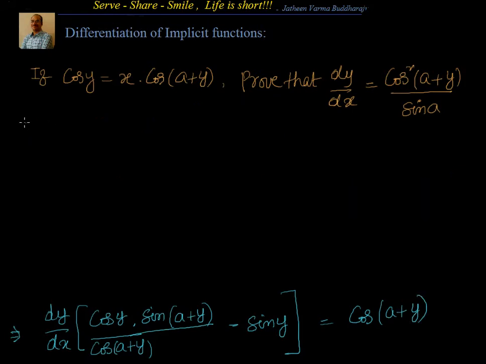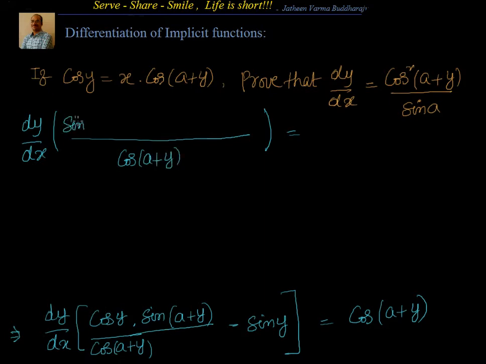Next step will simplify. We will say dy by dx, if you take LCM, we will have cos of a plus y, and we will have sin of a plus y multiplied with cos y minus cos of a plus y multiplied with sin y divided by cos of a plus y is equal to cos of a plus y.